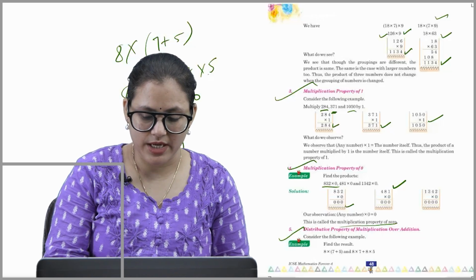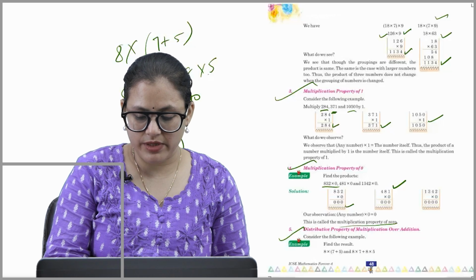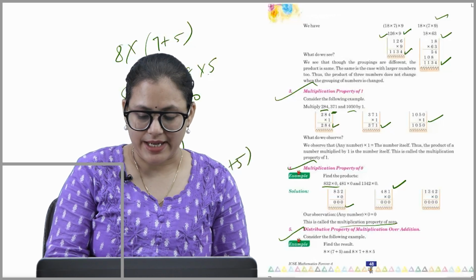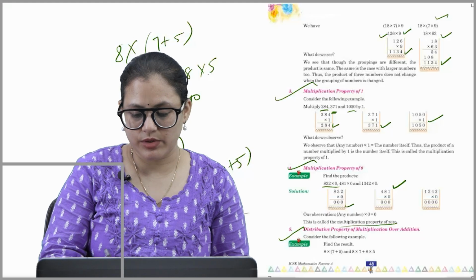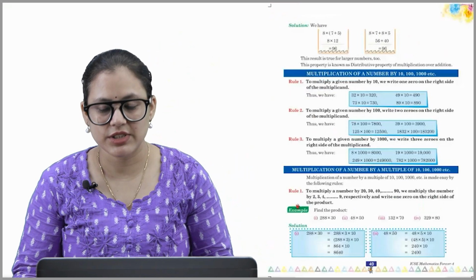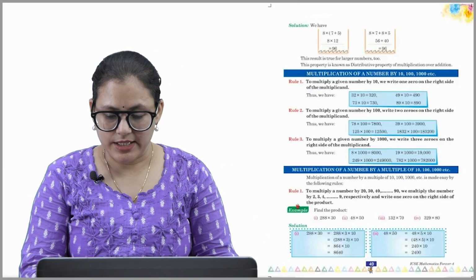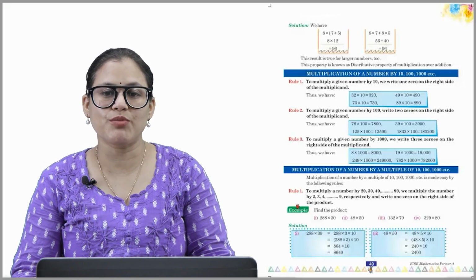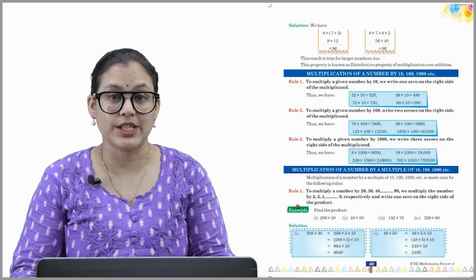And this is the first way. And 8 into (7 plus 5): 7 plus 5 is 12, and 12 into 8 is 96, okay. The product is the same, okay. So this result is true for larger numbers too. So this property is known as the distributive property of multiplication over addition.